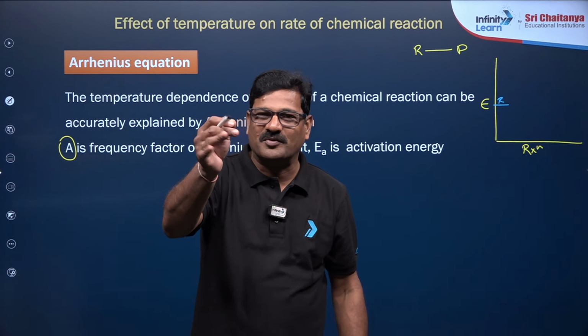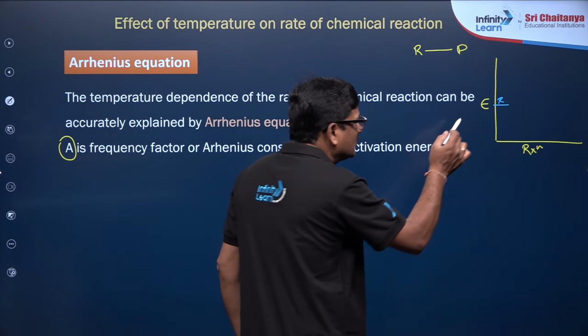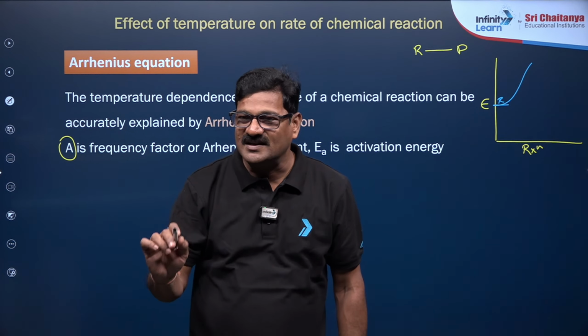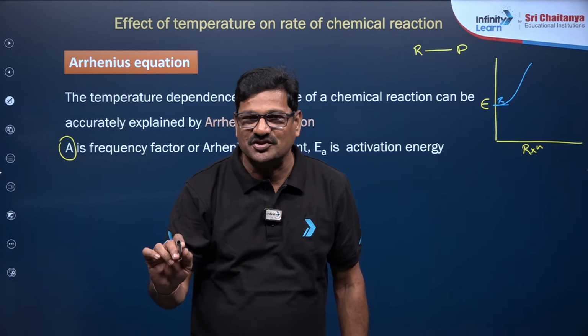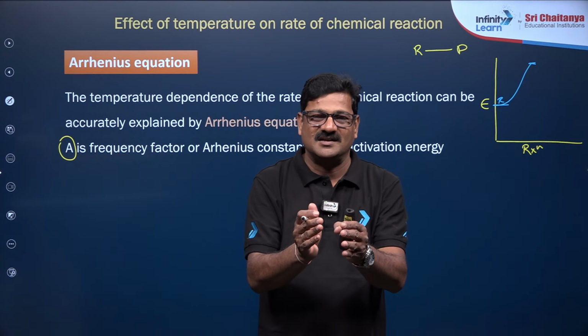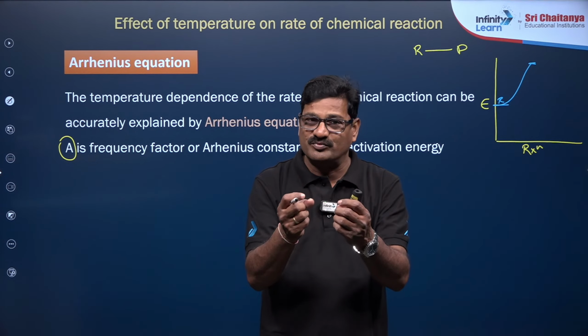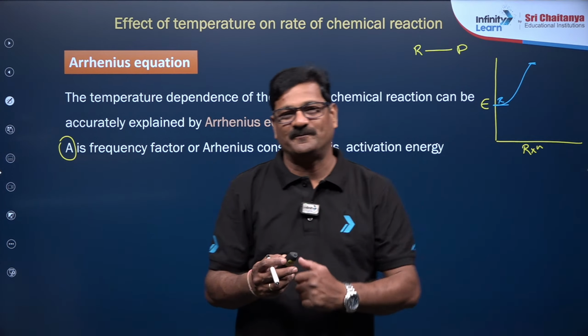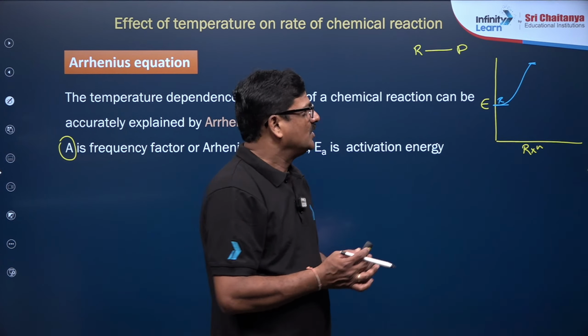So that the reactant's energy increases and reaches its maximum value. At that point, the old bonds present in the reactant are about to break and the new bonds in the product are going to be formed, so that it forms a product. This is the simplest version of the graph.